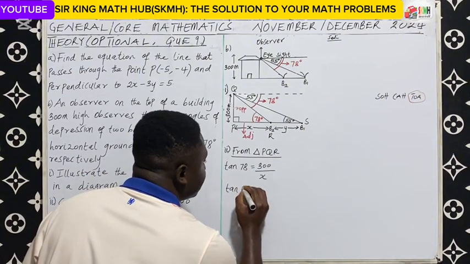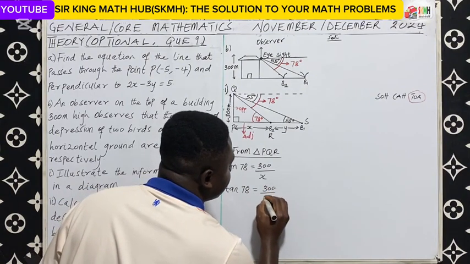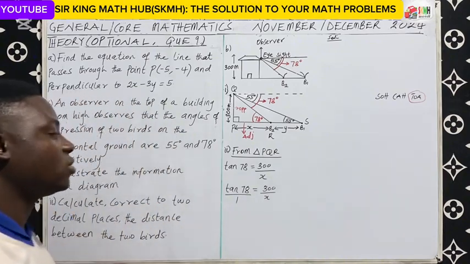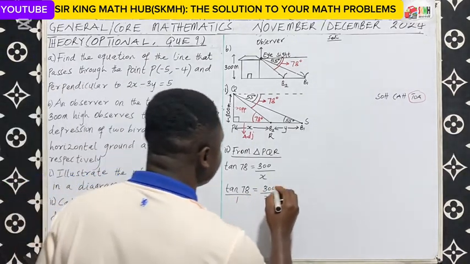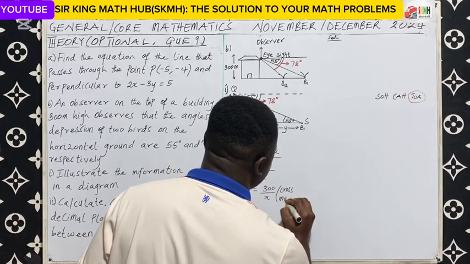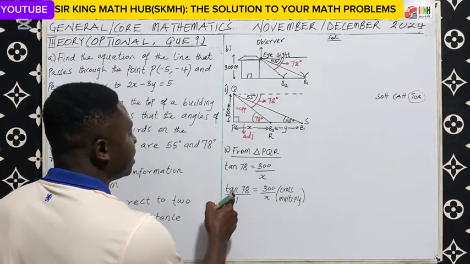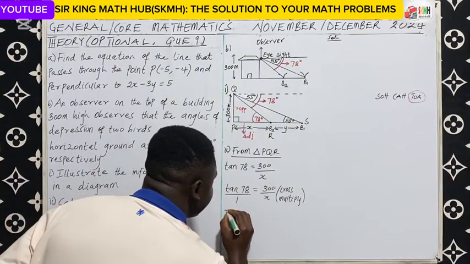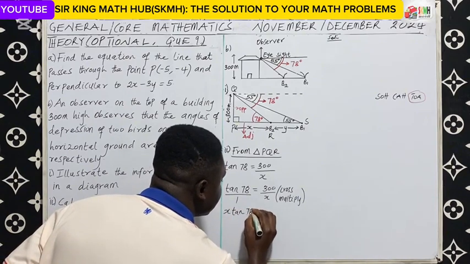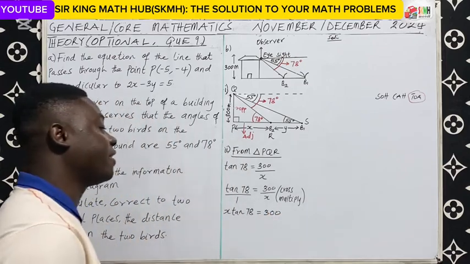We have tan 78 is equal to 300 on x. Tan 78 can also be written as tan 78 on 1. So at this point, we can cross multiply. So tan 78 times x, we have x tan 78, and then 1 times 300, we have 300.